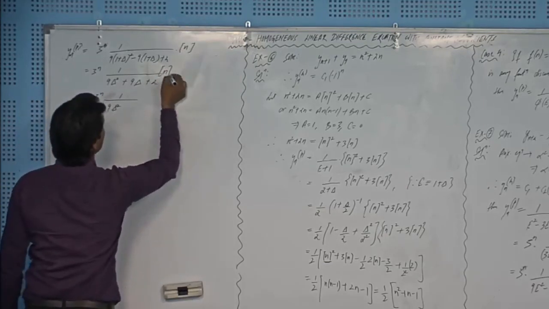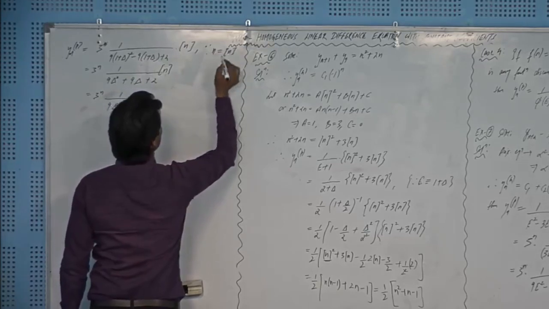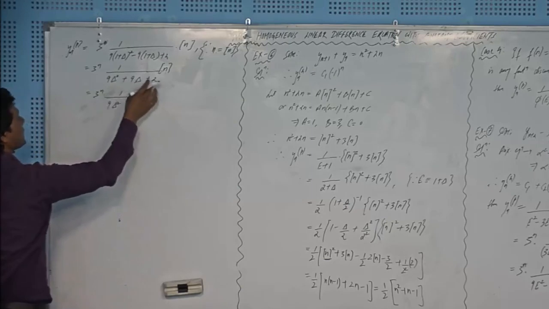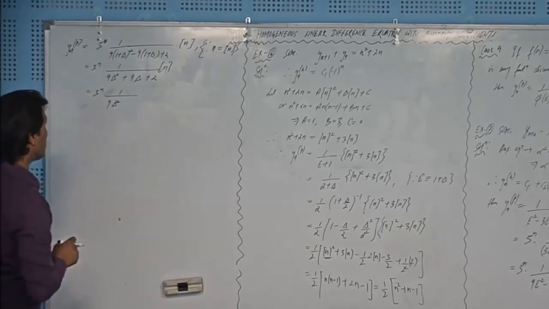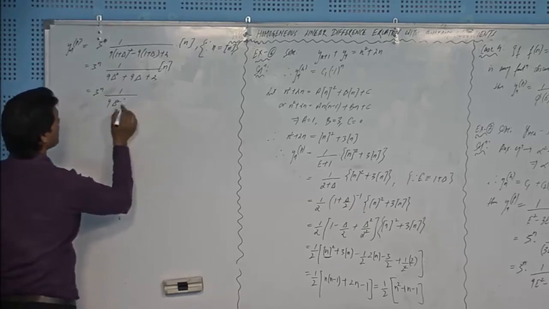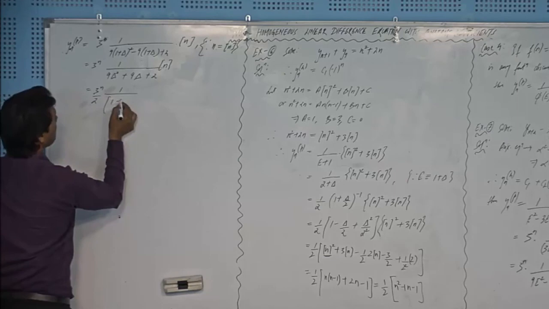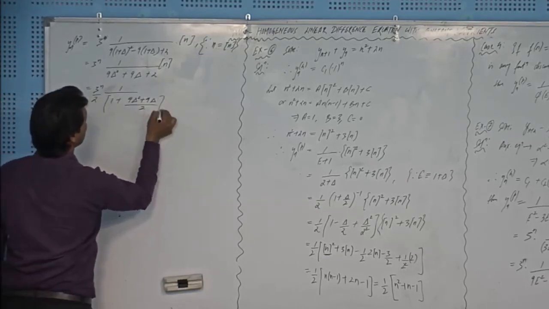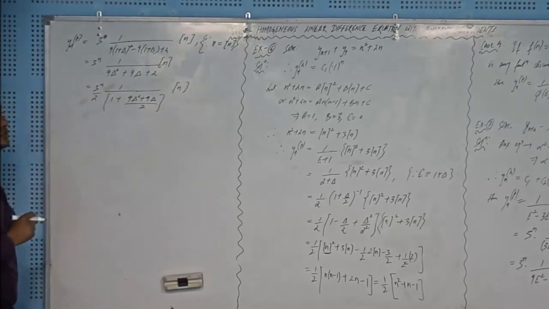Then taking 2 common, because I need to use that binomial expansion. In order to get a binomial expansion, I should create a 1 here, and I should take 2 common. So 2 will be taken common, and I will be having 1 plus 9 delta square, 9 delta over 2. And here I am having a degree 1 polynomial in factorial notation.